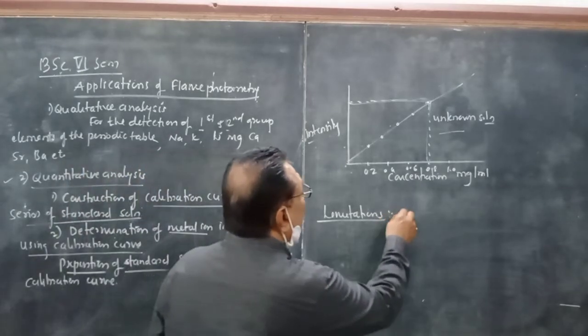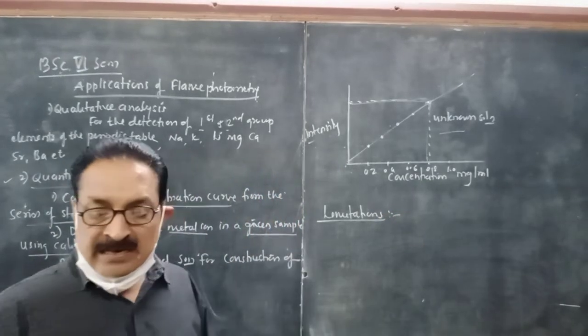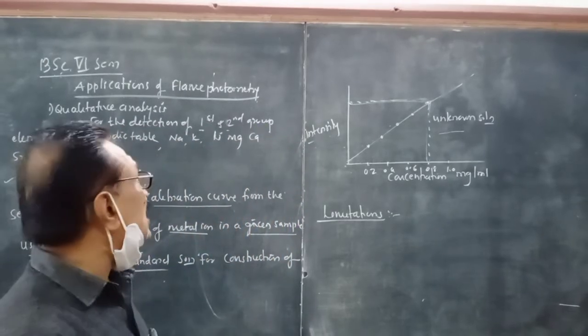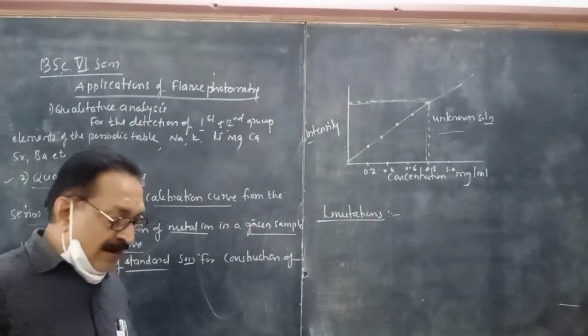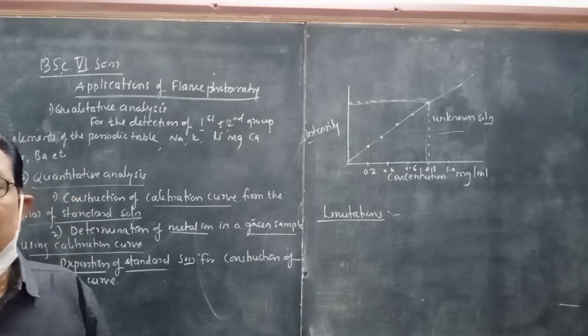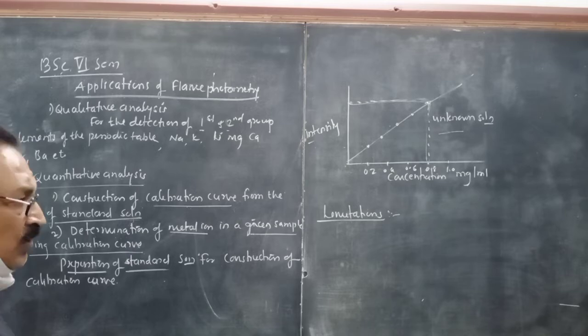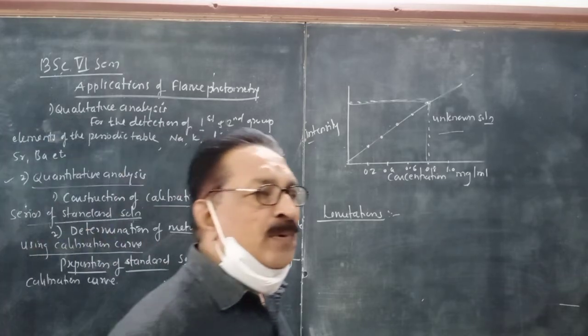Now we go for the limitations of the flame photometric technique. The first one is that only liquid samples are used in this technique. I have already told you that standard solutions have to be prepared.